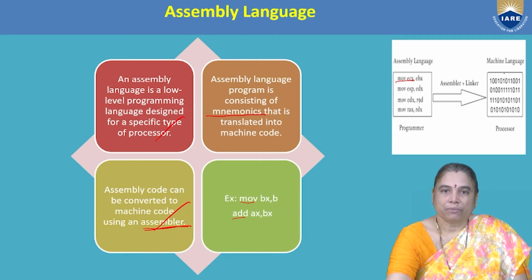This is the machine language code, which is completely a stream of binary digits, ones and zeros. But assembly language uses code words, the mnemonics, to specify specific operations. The conversion from assembly language to machine language has to be done with the help of the assembler.